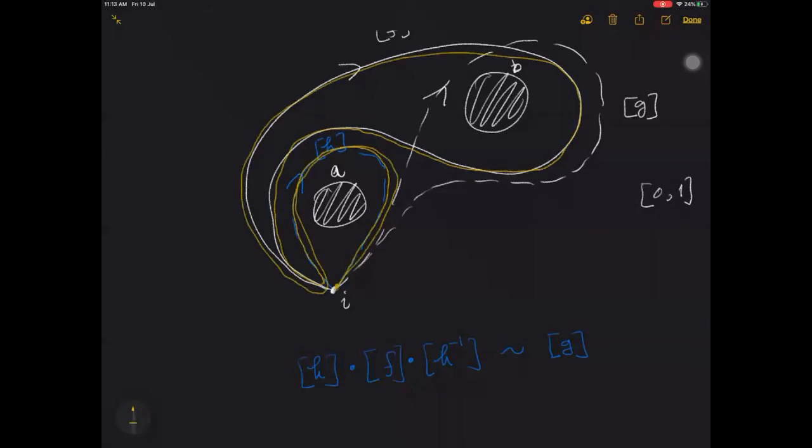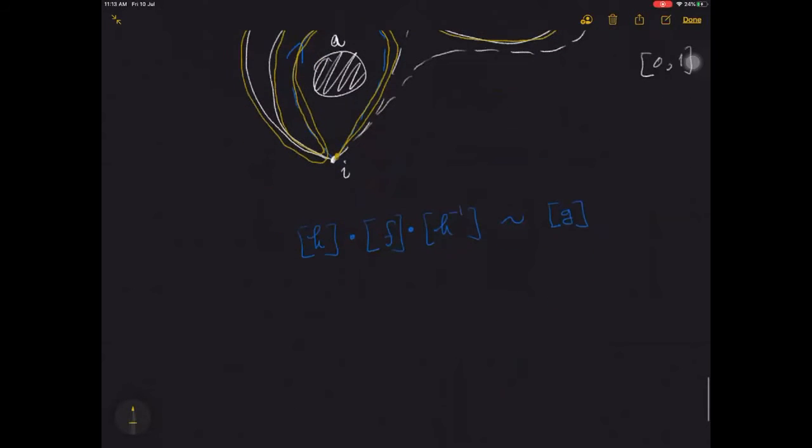So this curve you would be able to deform into A. But if you do it the other way around, H F H inverse, it is not equivalent to G.